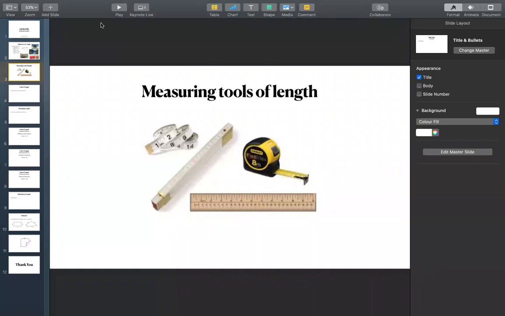Now, when you come into measuring tools of length, what do you call this yellow color thing? The ruler. No. Is this a ruler? It's a tape. That's a metal tape. You may have seen these things.